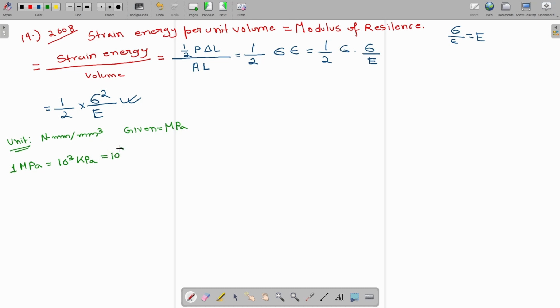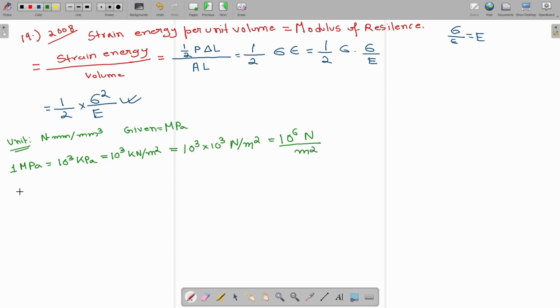Also 10 to the power 3 kPa means kilonewton per meter square. From kilonewton to Newton, we are going to write 10 to the power 3 into 10 to the power 3 Newton per meter square. Therefore, we are getting 10 to the power 6 Newton per meter square.